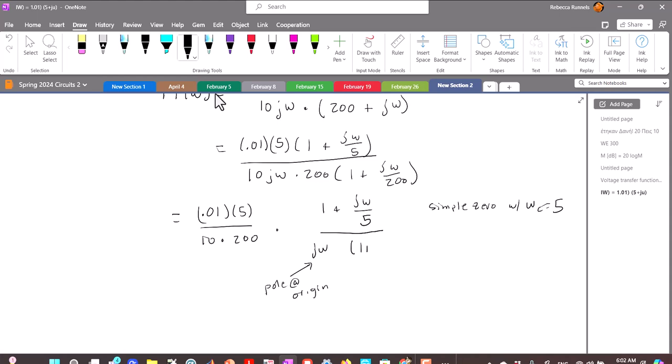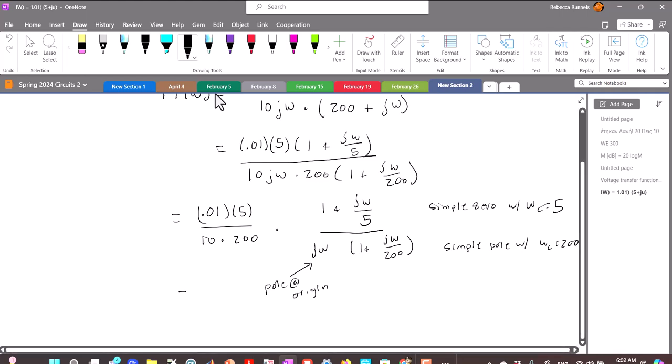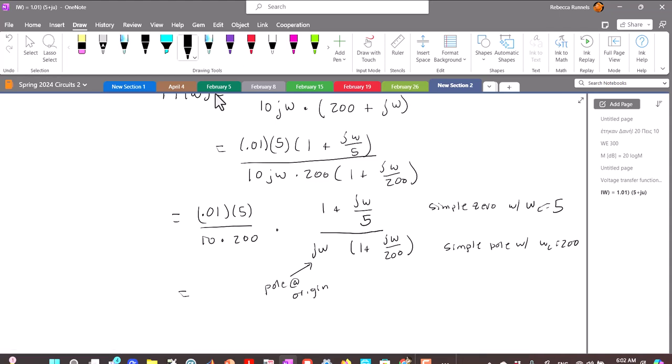And then I have 1 plus j omega over 200, so that is a simple pole with corner frequency equal to 200. And then this number is 0.00025.